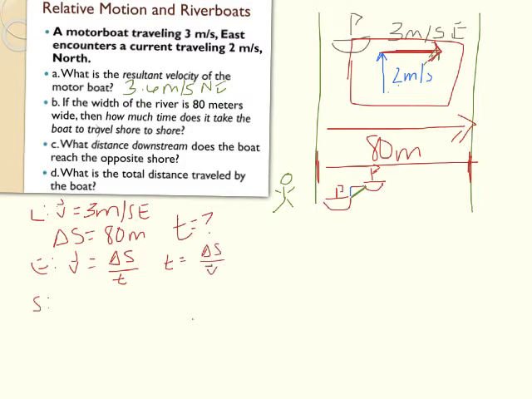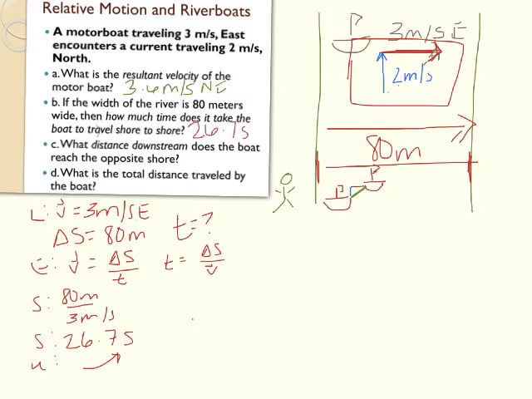So if we plug things in, we're going to have 80 meters divided by 3 meters per second. 80 divided by 3, and it's going to take 26.7 seconds to get across the shore. Okay?